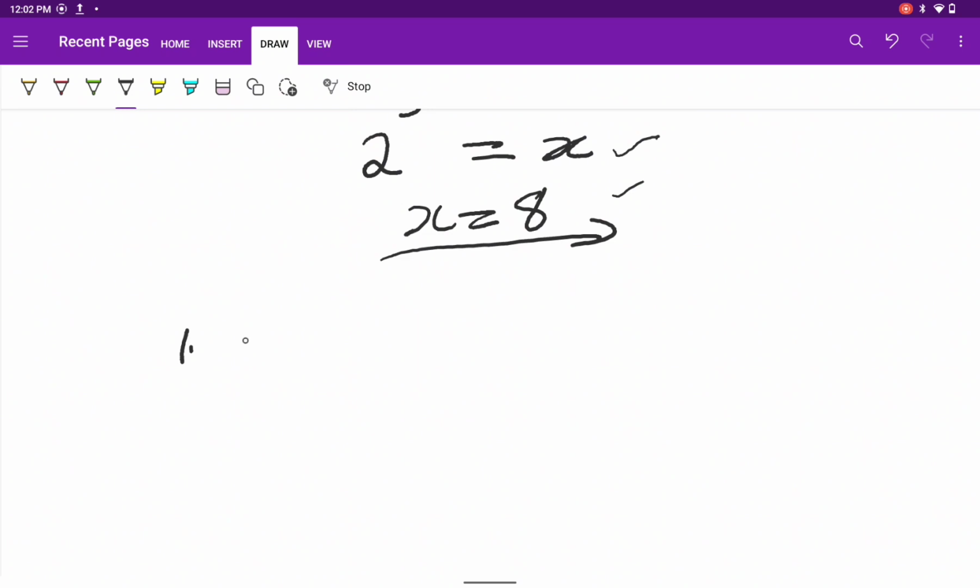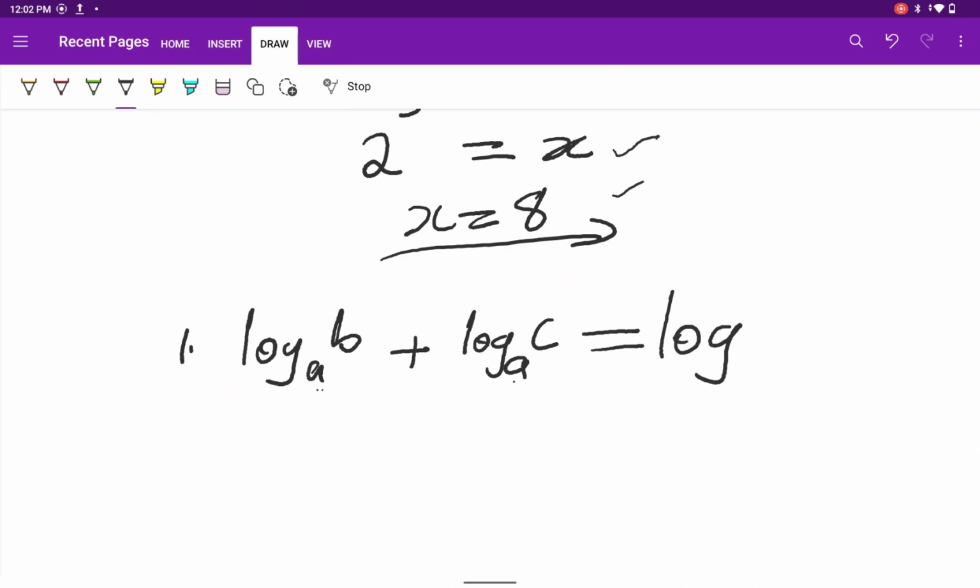Number one, the log of b base a plus the log of c base a. You see, as long as the bases are the same, then this can be the same as the log of, we multiply the b and the c, so it will be bc, and the base is a.